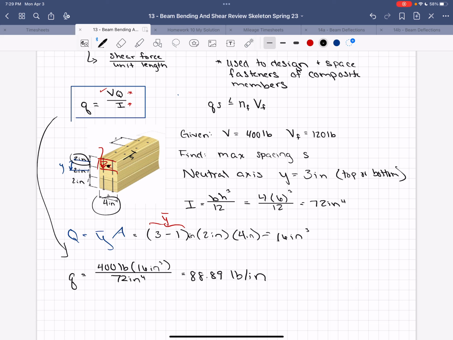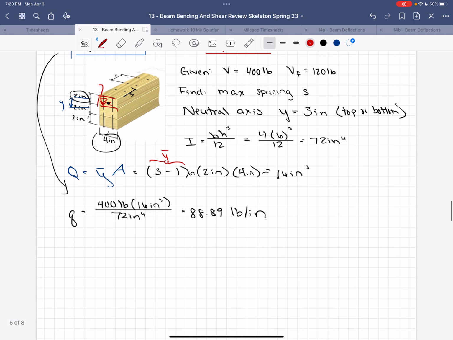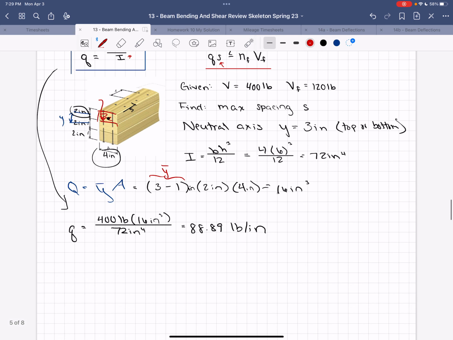Then the maximum nail spacing is when we use this equation, because that's S. We have shear flow times the spacing has to be less than or equal to the number of fasteners times the shear force of the bolt.